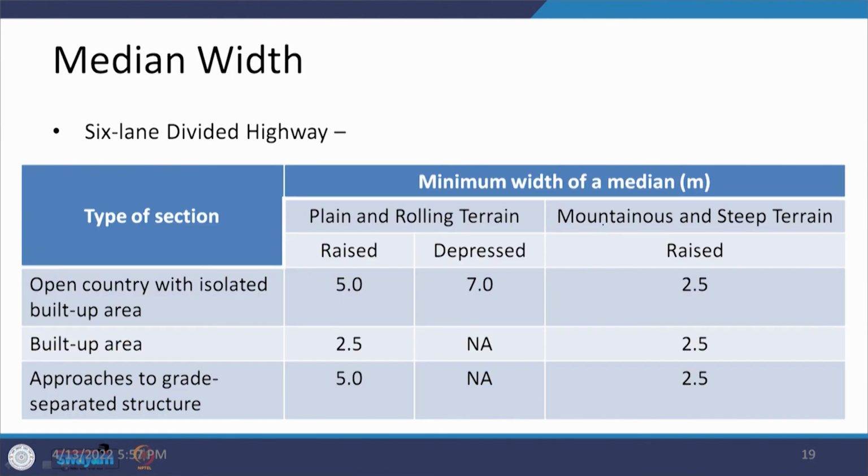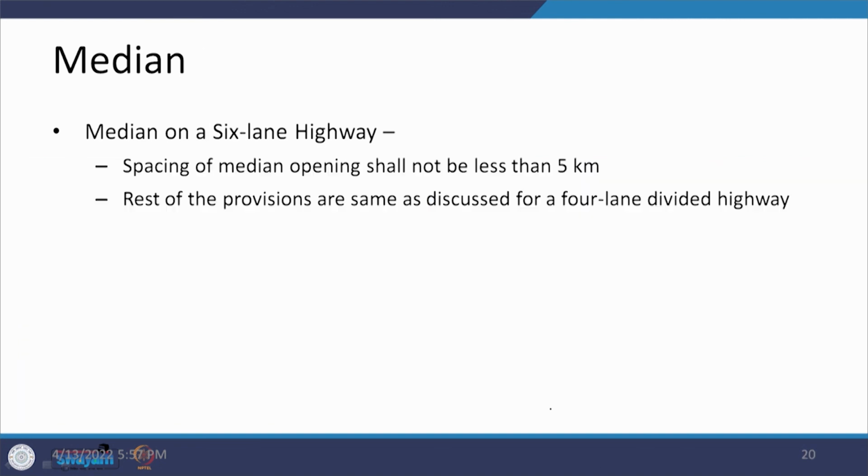When we look at the 6-lane divided highway, the things are more or less the same. As you can see, the only change is that instead of 4.5 it becomes 5, or instead of 2 it becomes 2.5. That is the change from the 4-lane to the 6-lane divided system for the 4 categories of terrains. Another change is that the spacing of the openings should not be less than 5 kilometers.